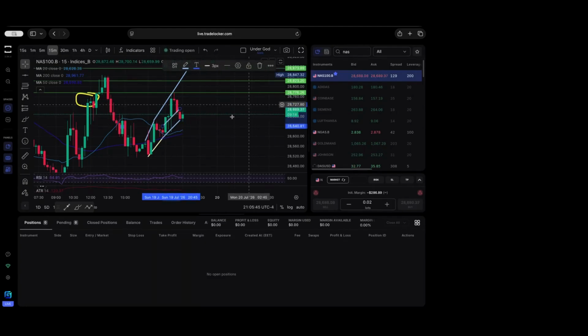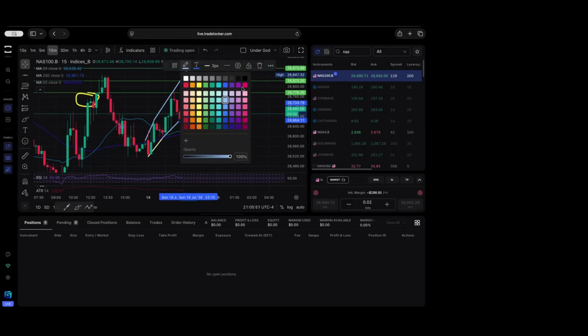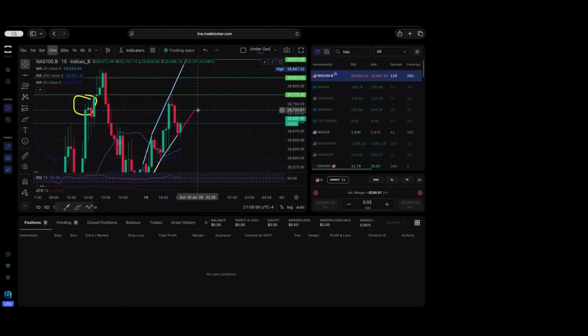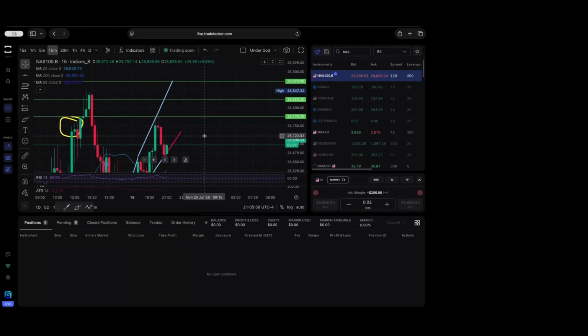And we're going to clone it, and then we're going to make it a color. We'll just do pink. Now we have our new low and we have our new targets. And you just keep repeating the process over and over and over until the trend starts to shift.